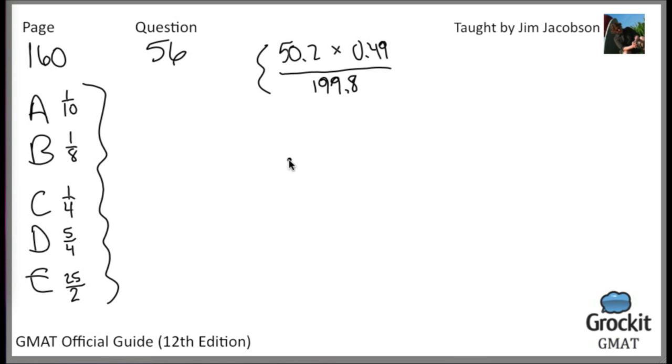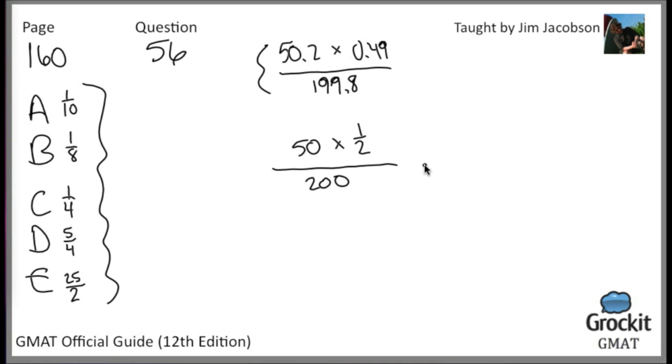50.2 is closest to, yes, 50. It's only 2/10 of a unit more, so that's a good approximation. 0.49 is almost the same as 0.5, which is the same thing as 1/2. 199.8 is so close to 200 it could probably taste it, so let's just leave that as 200.